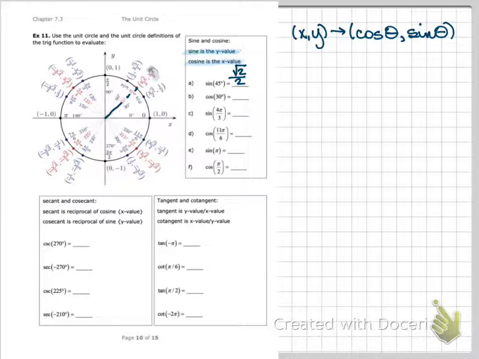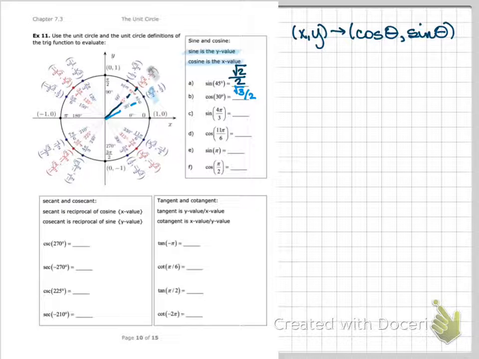Okay, cosine of 30. So here's our 30-degree angle. Our cosine is our x. So the cosine of 30 is square root of 3 over 2. Sine of 4 pi over 3.